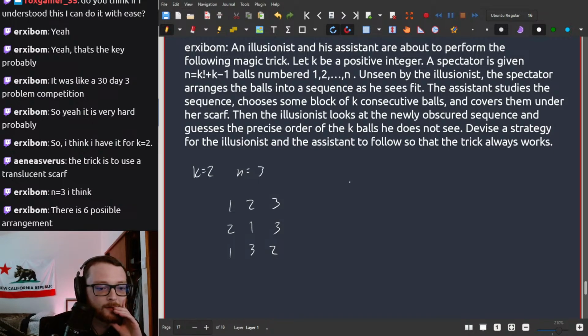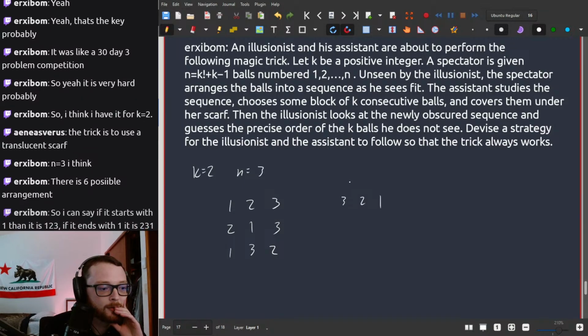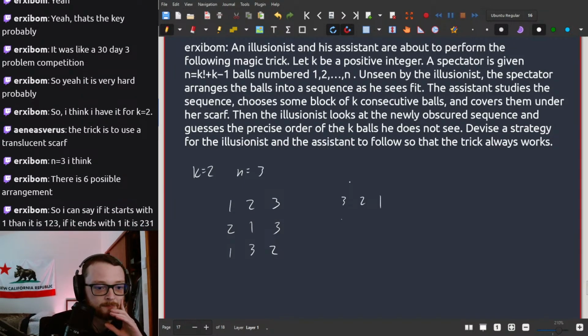Brain no work. Maybe? I think I got all 6, and I didn't repeat any.